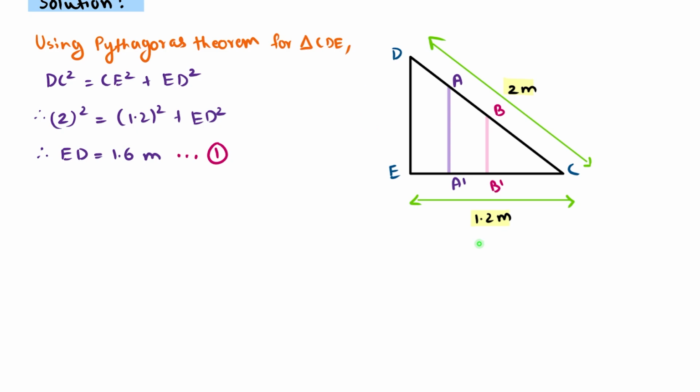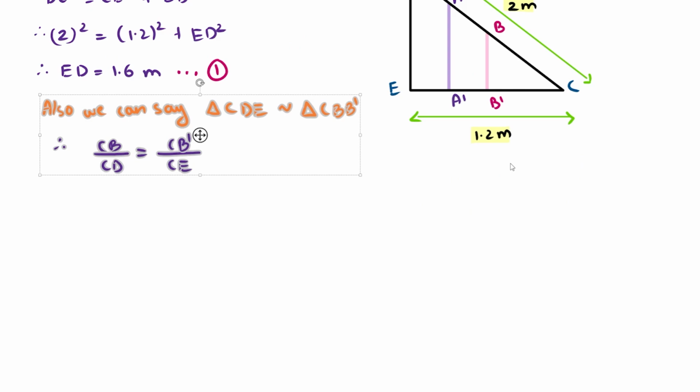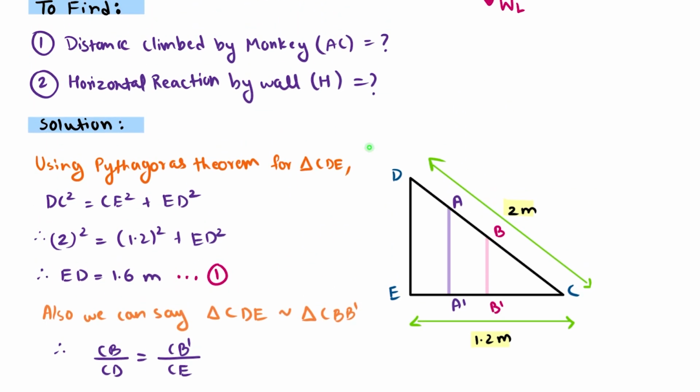इसके बाद we need one more value before we proceed. We need to find the distance CB dash. But before we do that, we need to establish one fact कि हमारा जो larger triangle है CDE is similar to our smaller triangle CBB dash, and as you can see, it is similar.